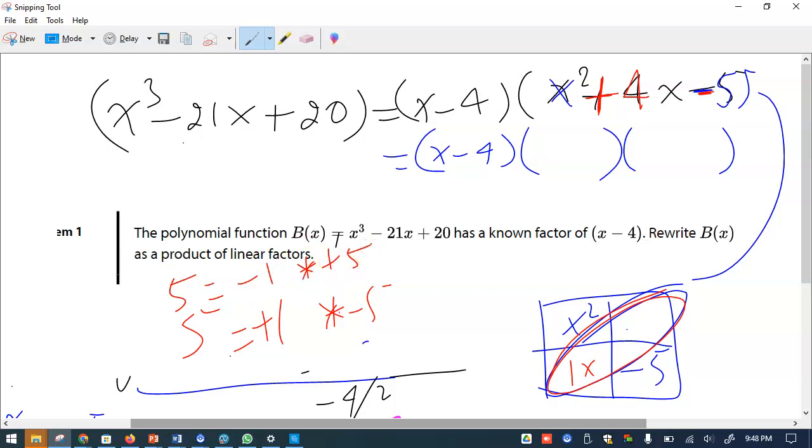So one of them will hold, right? But remember, there is a plus sign here, plus 4. So we need to get a plus 4. So this will be the better option. So I'm going to use plus 1x and, sorry, I'm going to use minus 1 right there. This is minus 1 and this is plus 5x.